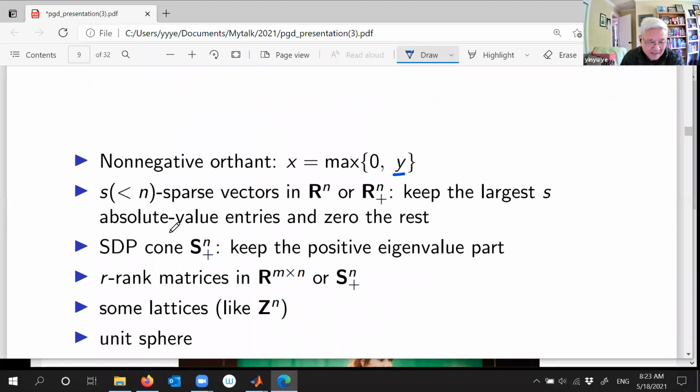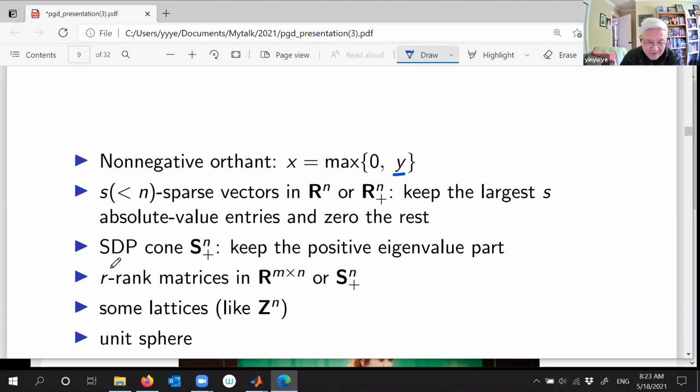Of course, for SDP, that's also doable. If you have a simple SDP cone and the given Y is a symmetric matrix, you just factorize it and keep only the positive eigenvalue part. If the rank is no more than r, that's even simpler.